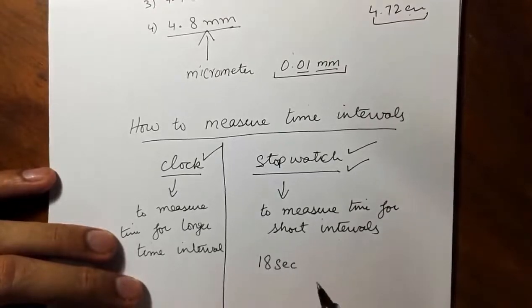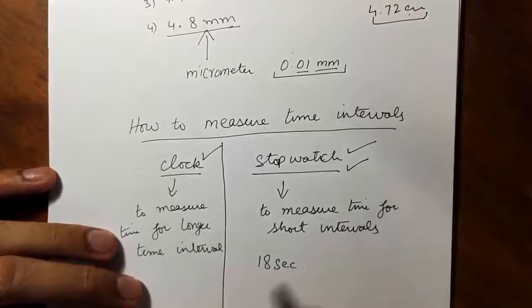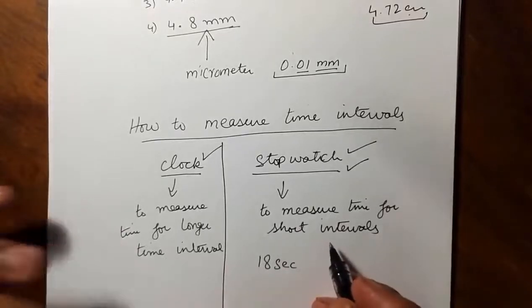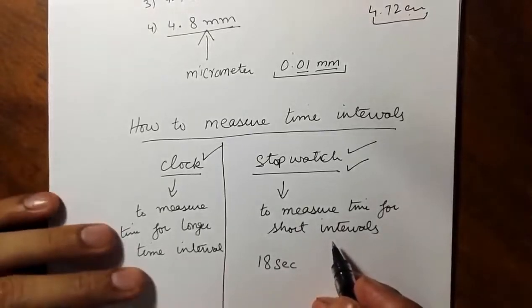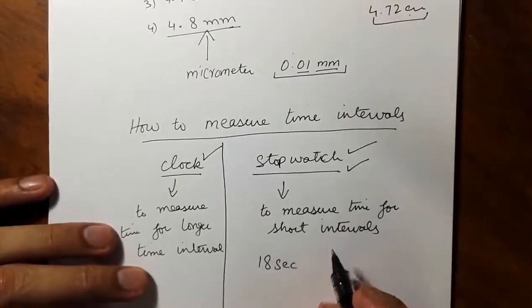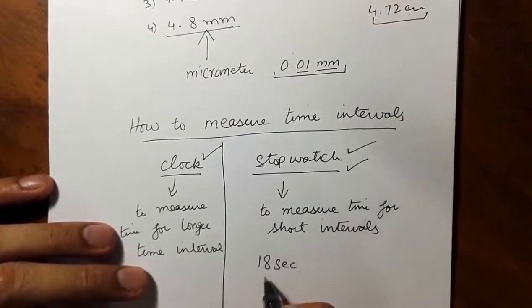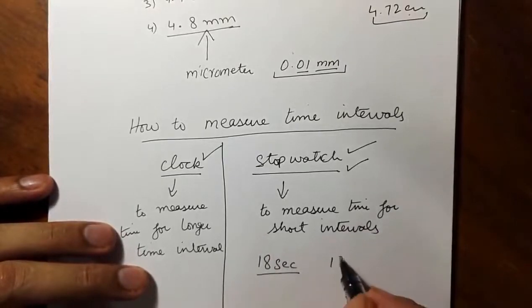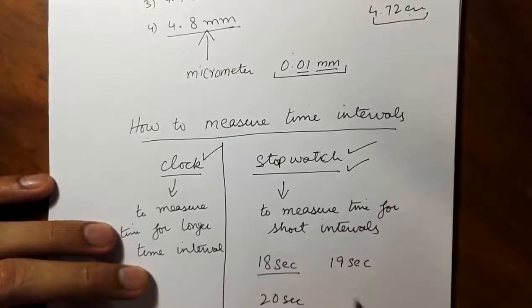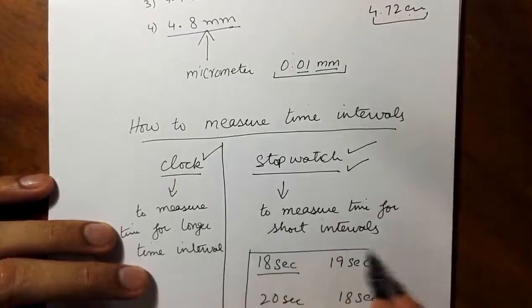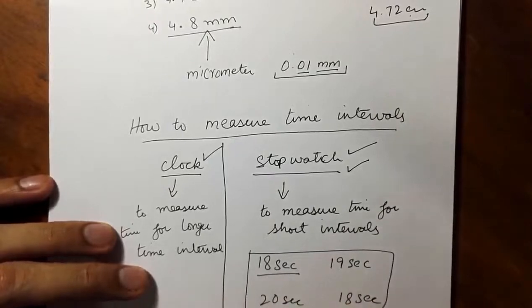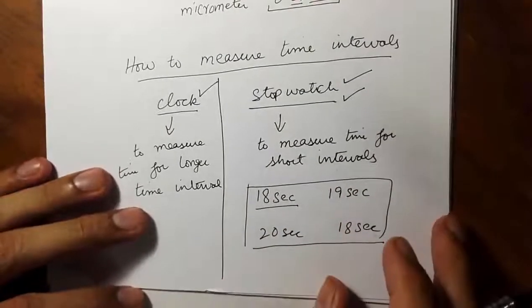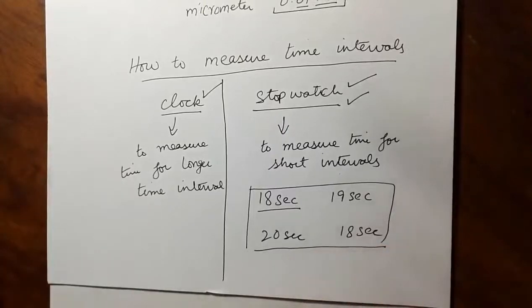You run the experiment and have to find out the average time of this athlete to cover the lap of 100 meters. So in the first experiment it completes in 18 seconds, then in 19 seconds, then in 20 seconds, then again in 18 seconds. Then you can just take the average of these four numbers and calculate an average value.